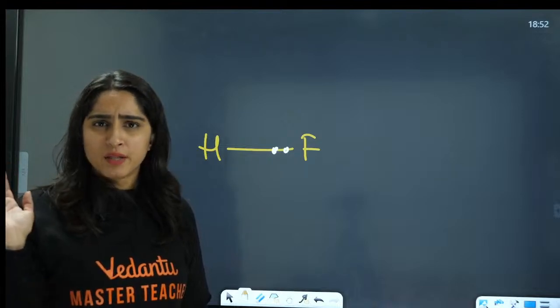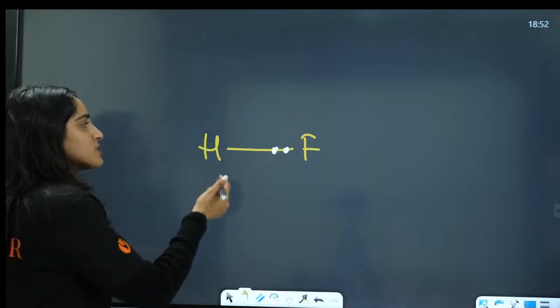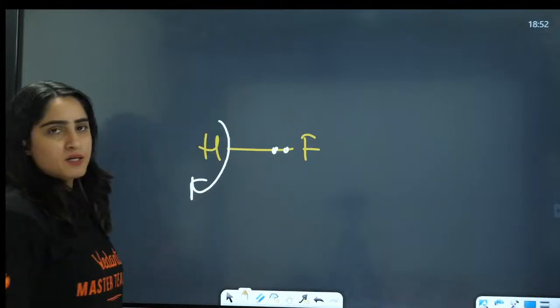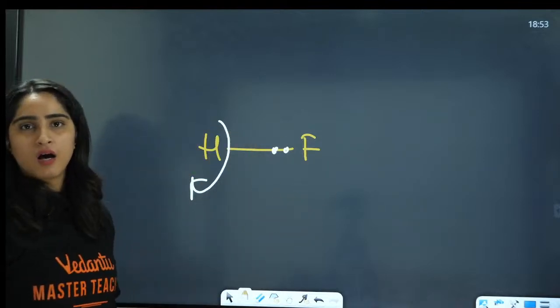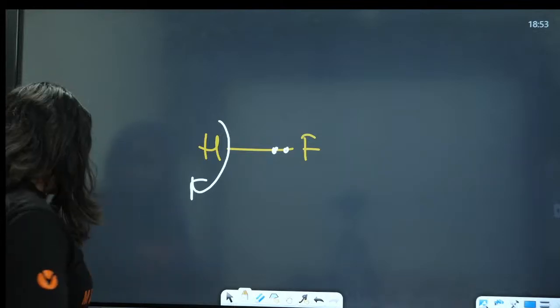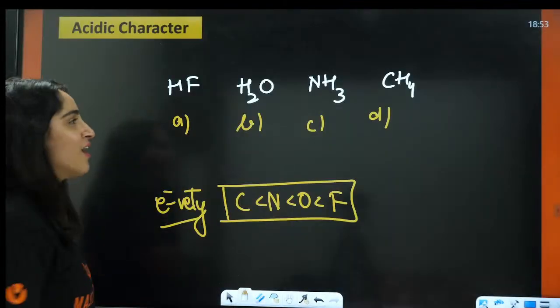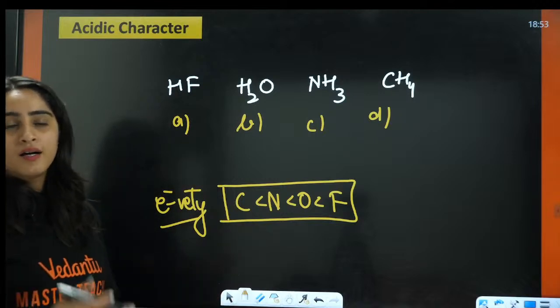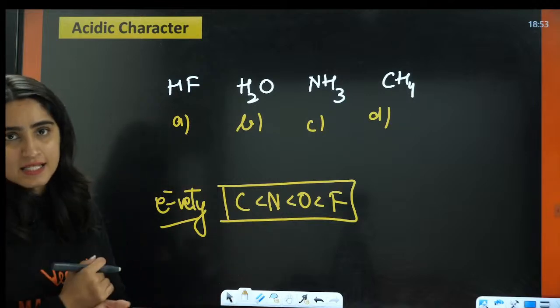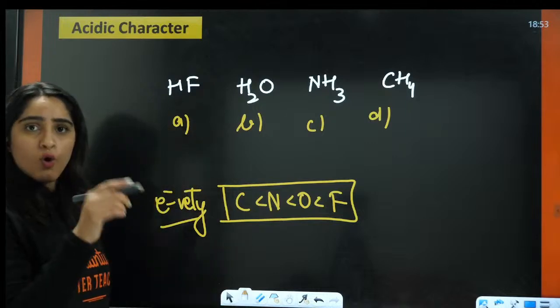I don't want to be friends with this guy. I'm already over this person. He's eating all the pizza. I want this pizza. I am a very hungry person. So now what will happen? This bond will break very easily, so this H positive will go very easily.